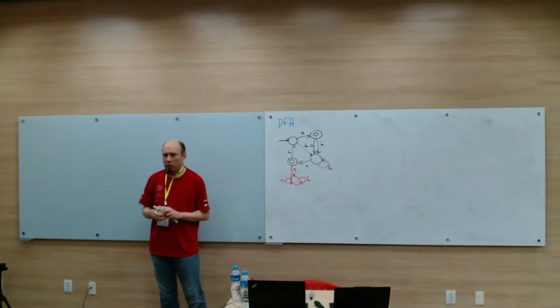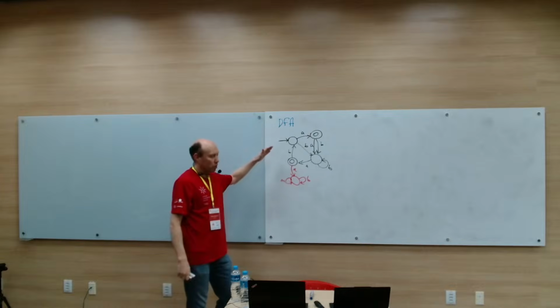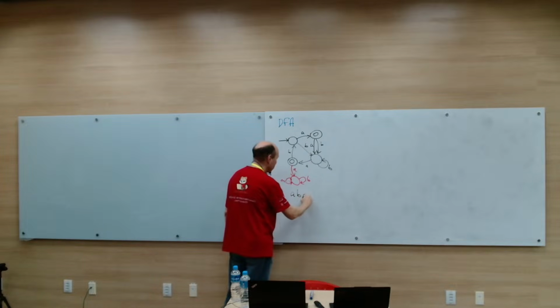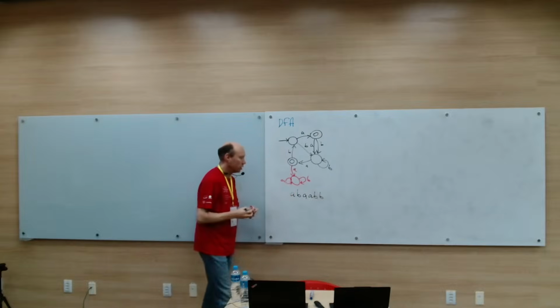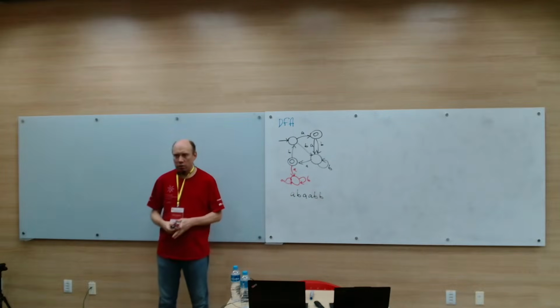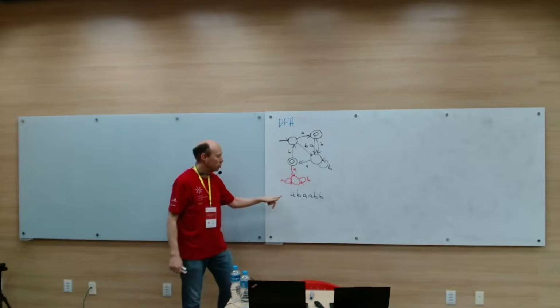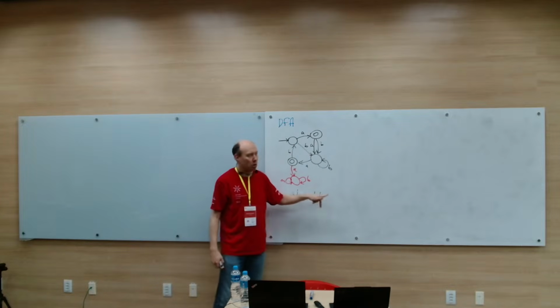So the idea is the following: when you have some text, not a very long text like this, you go to your automaton starting from the initial state and follow the transitions corresponding to the letters.